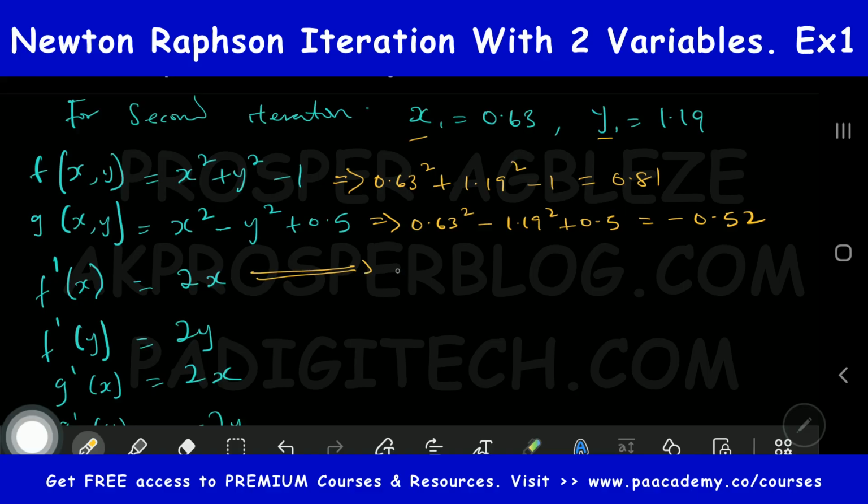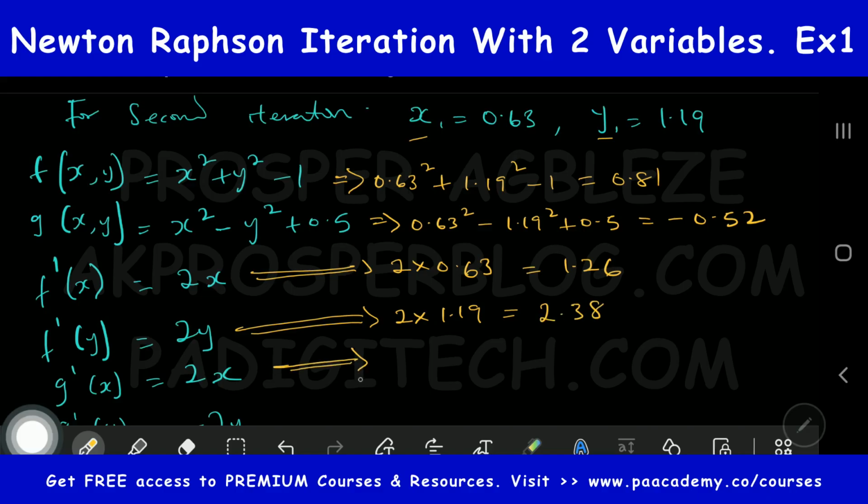So for this now, we are having 2x, that's going to be 2 times 0.63, and that's going to give us 1.26. While for this, we are going to be having 2y, which is 2 times 1.19, and that's going to give us 2.38.